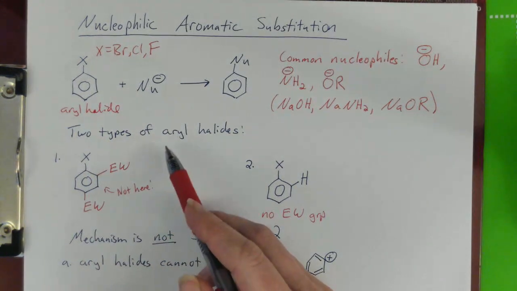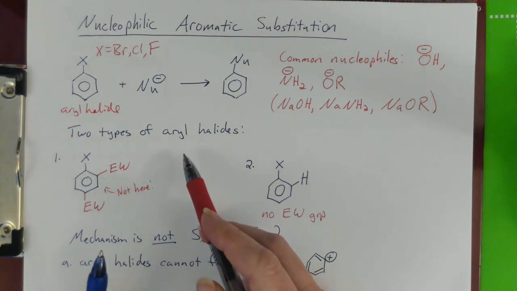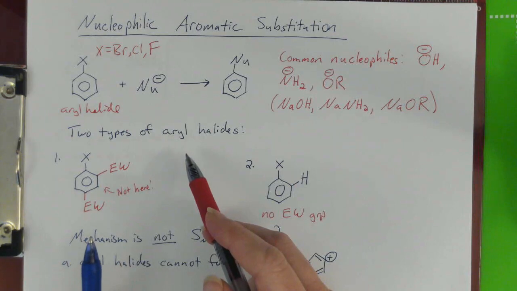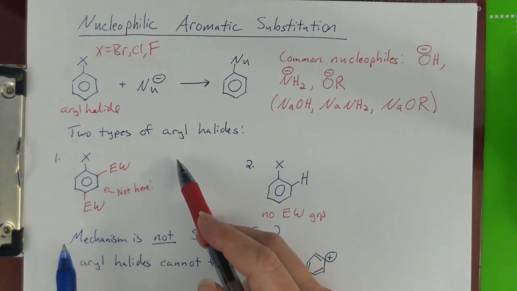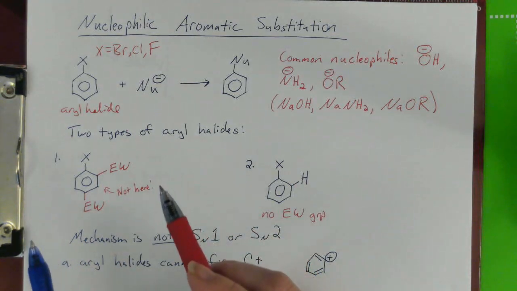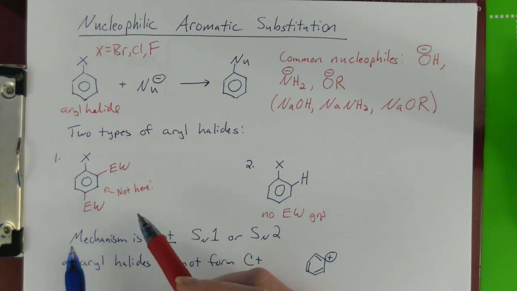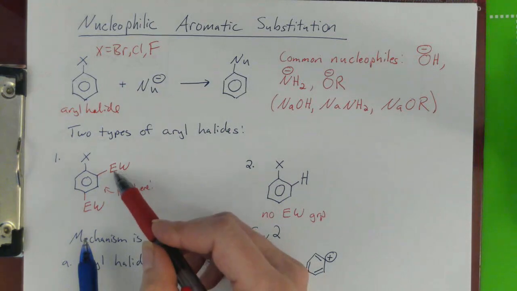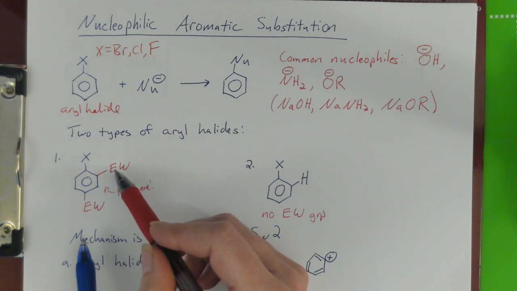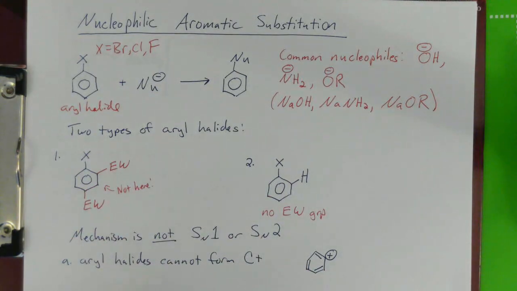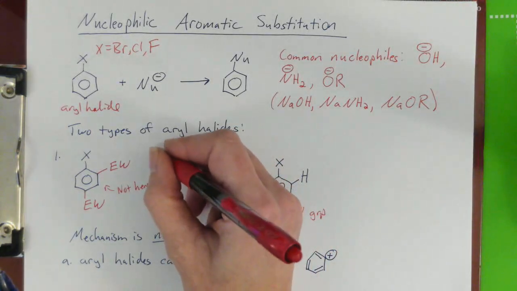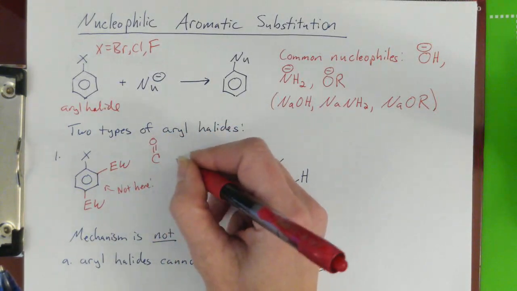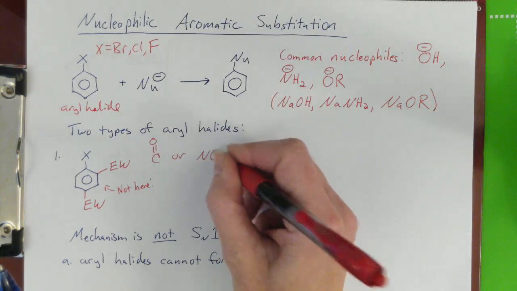There are two types of aryl halides that we're going to see undergoing nucleophilic aromatic substitution. If we have an aryl halide that has a really powerful electron withdrawing group, so the EW here stands for electron withdrawing group, this can be something like a carbonyl group or a nitro group.